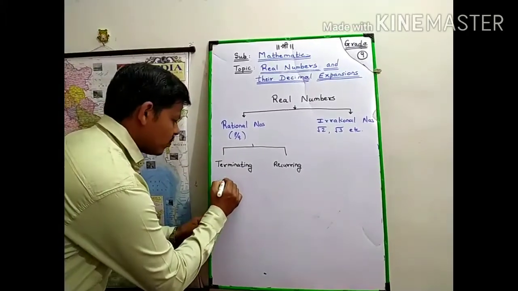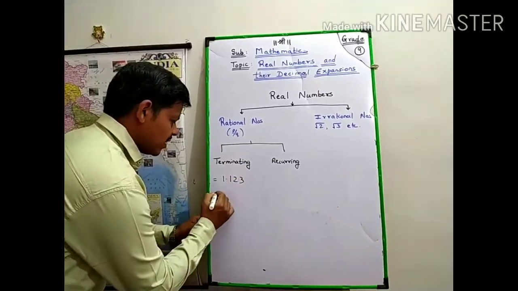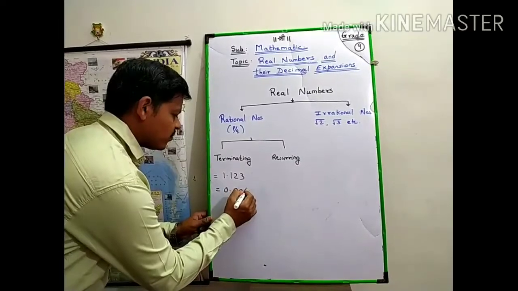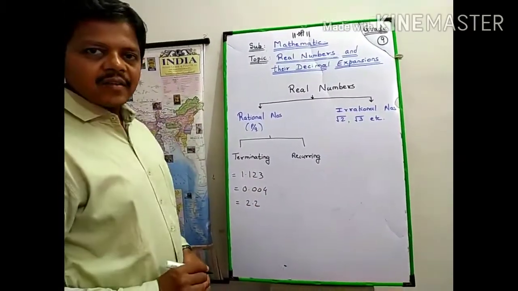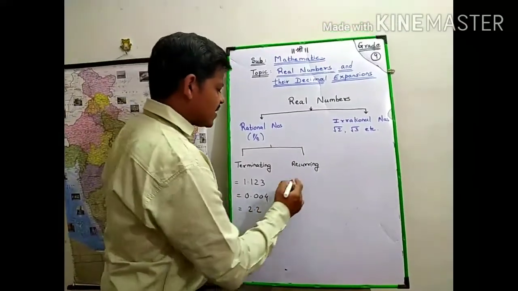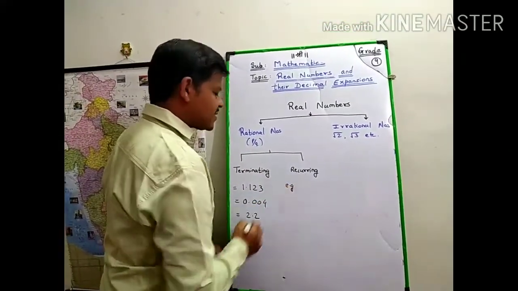Examples are 1.123, 0.004, 2.2, etc. All these are the terminating ones. For recurring ones, we can give you a few examples.